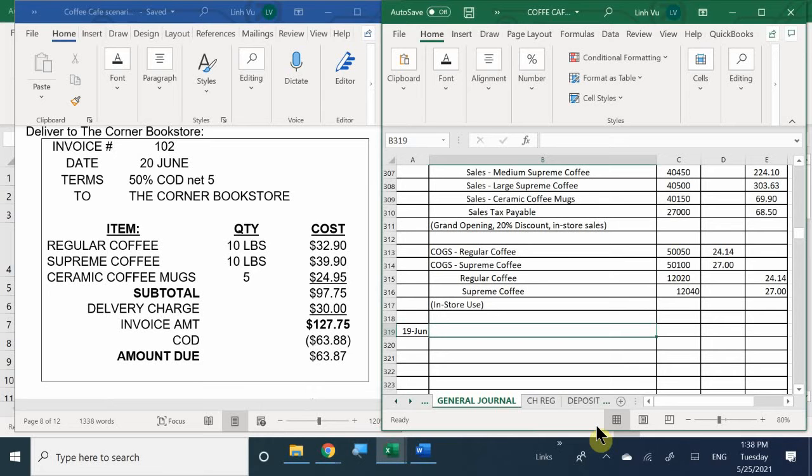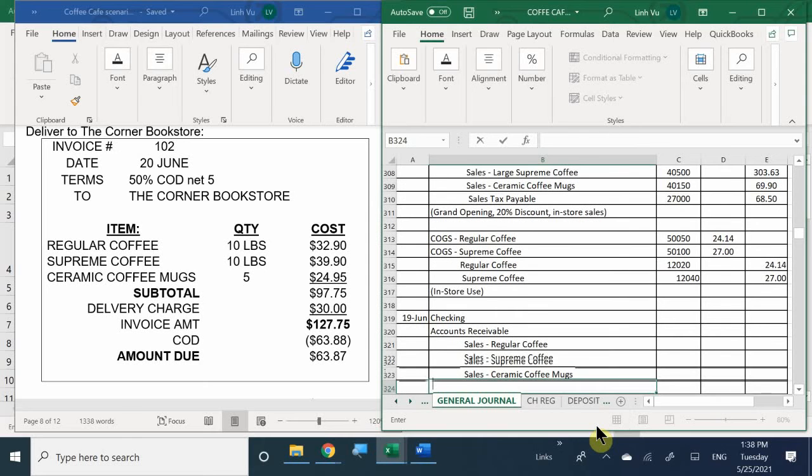So checking and accounts receivable. And then our credits will be sales, regular coffee, sales, supreme coffee, sales, ceramic coffee mugs, and delivery income.